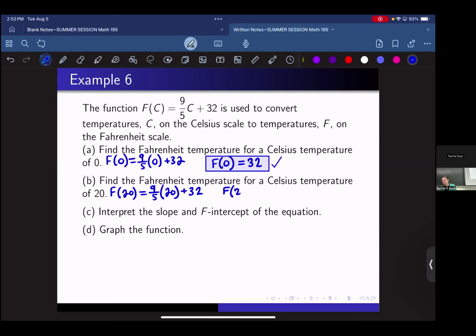And 36 plus 32 gives us 68, right? So that tells us that when we have 20 degrees Celsius, that's the same as it being 68 degrees Fahrenheit.